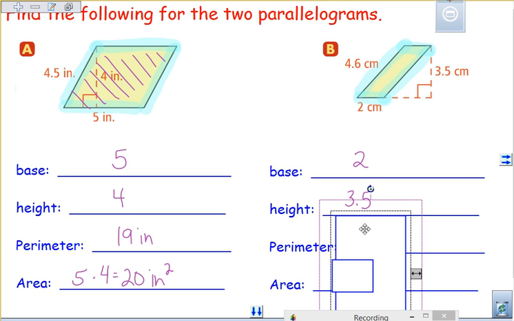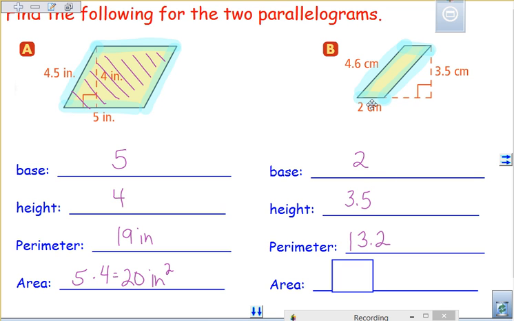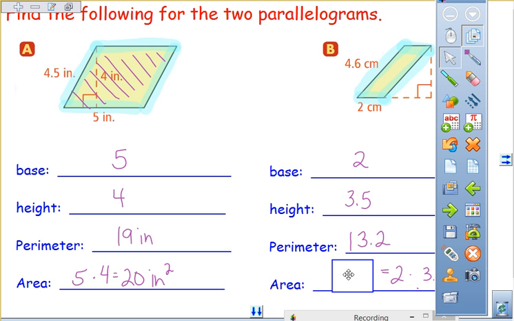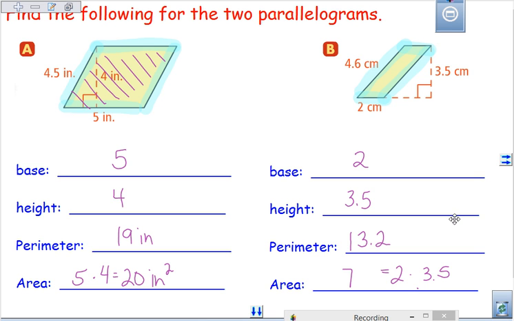So then our perimeter is 13.2. Then for our area, we want to do base, which is 2, and height, which is 3.5. So then our area is 7.